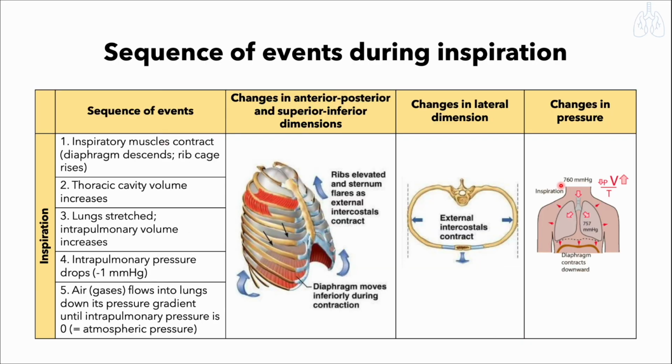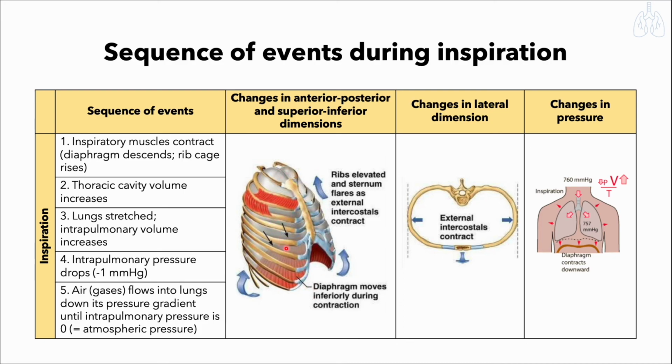Here is a summary of the sequence of events during inspiration. First, it must start with the contraction of the inspiratory muscles, the diaphragm as well as the external intercostal muscles, by which the diaphragm moves down and the thoracic cage moves up, which increases the volume of the thoracic cavity.